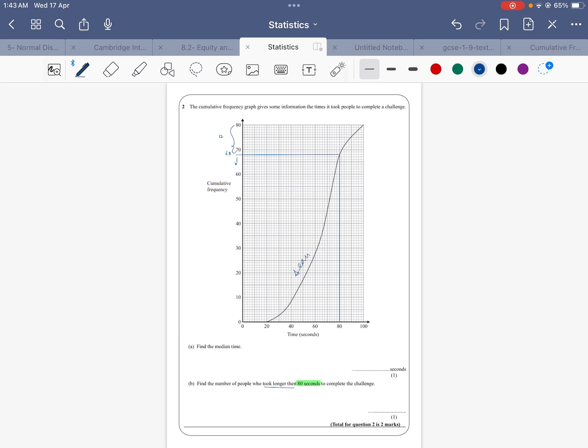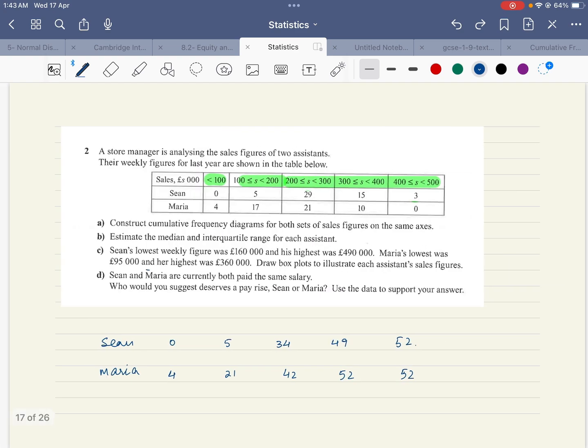This is suppose because this is a totally different question, and the graph that we draw for Maria might look something like this. Something like this. Or something like this. Can be anything. So you can draw two curves on the same graph.